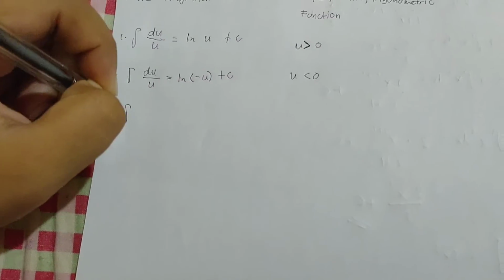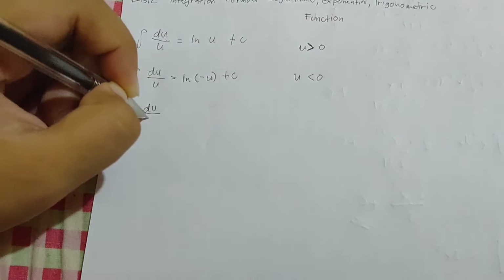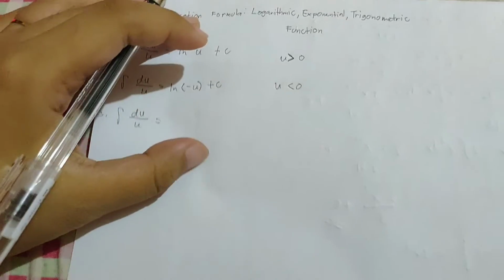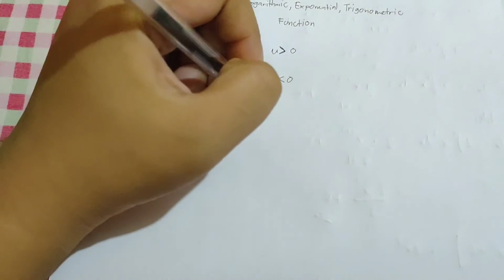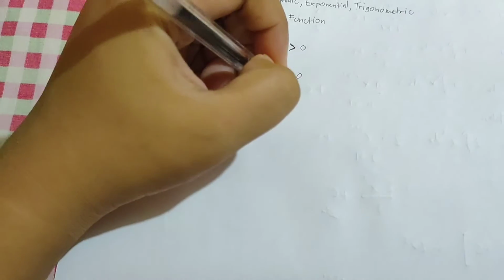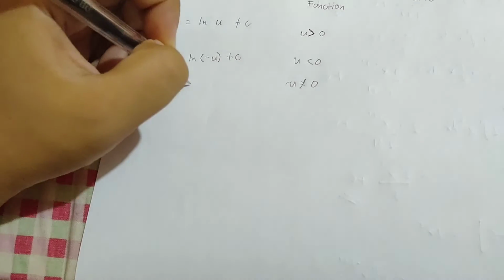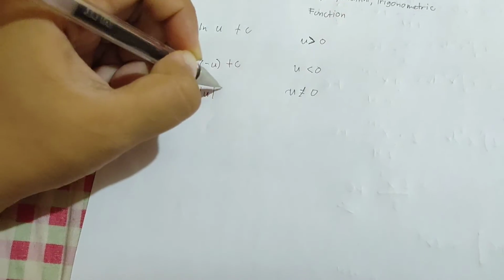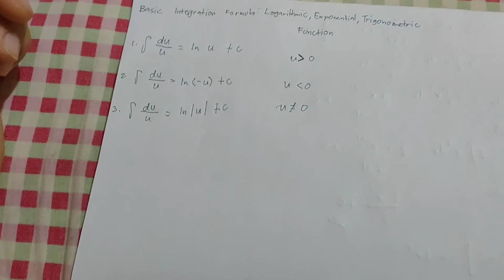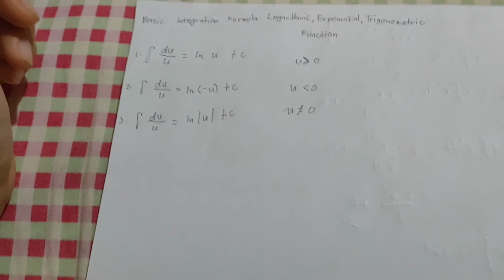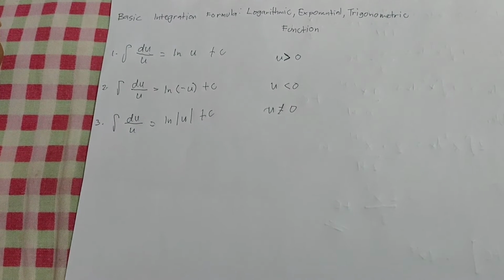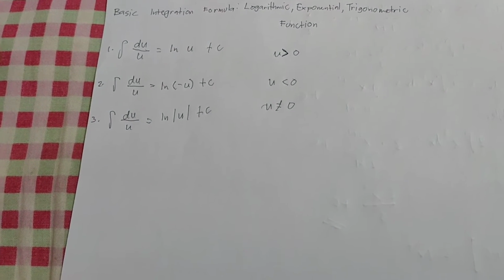And the third is the integral of du over u, if our u is not equal to 0, the answer will be ln the absolute value of u plus c. That's it, and we will proceed to our sample problem.